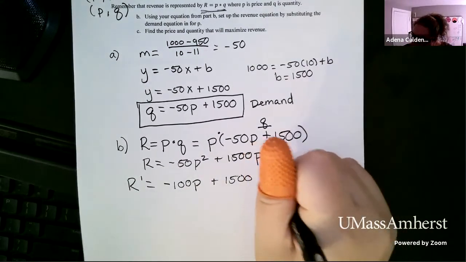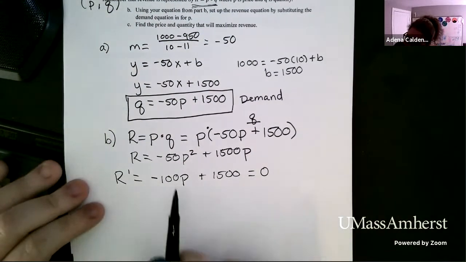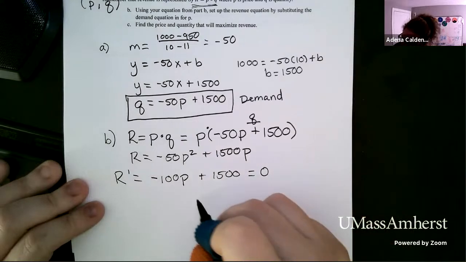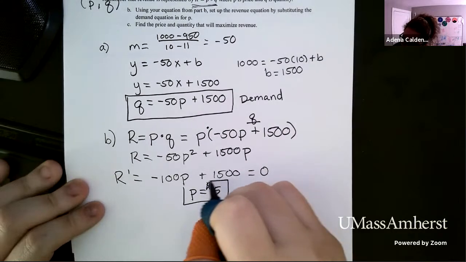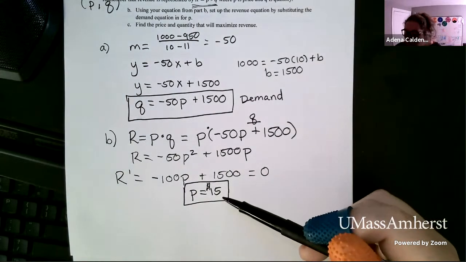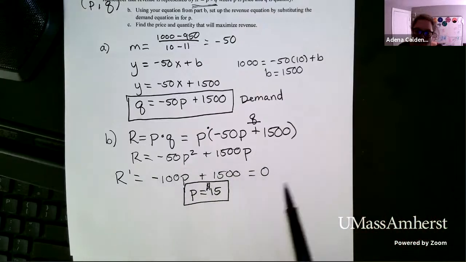And we want to know, when does that equal 0? Okay, so we bring the 100p over, divide both sides by 100, and I get p equals 15. Okay, so at a price point of $15, I have either maximized or minimized revenue, right?